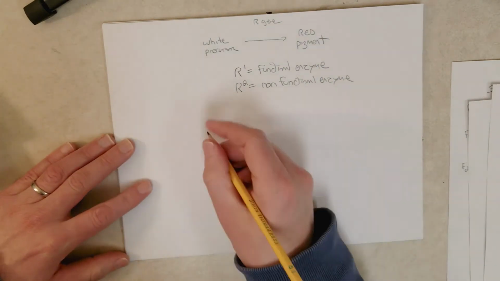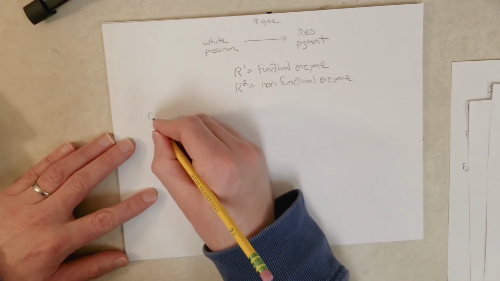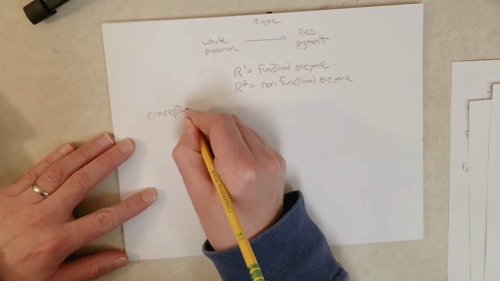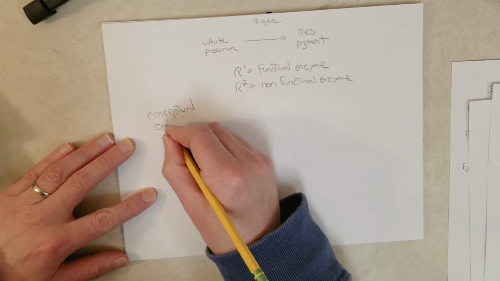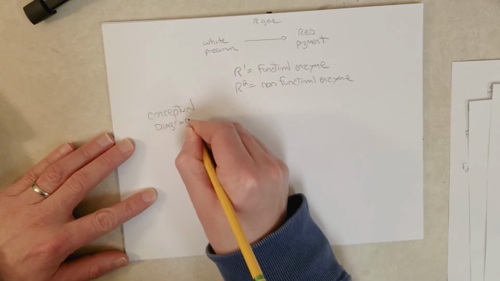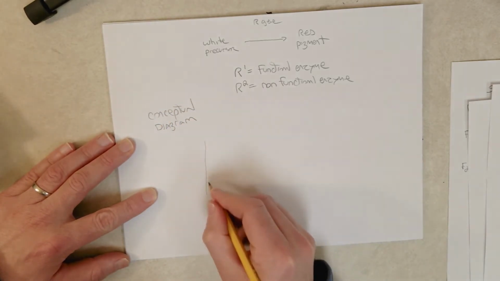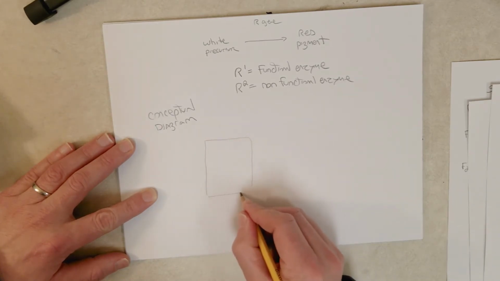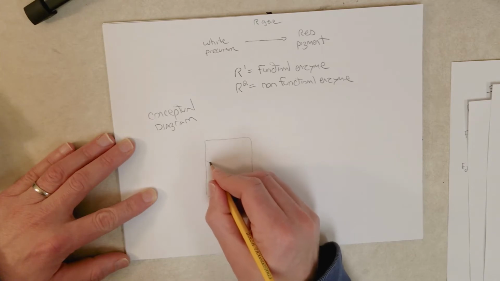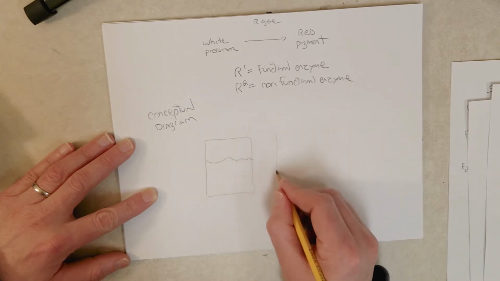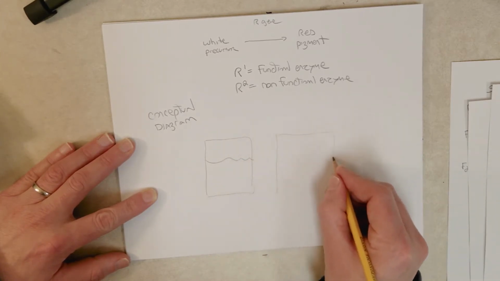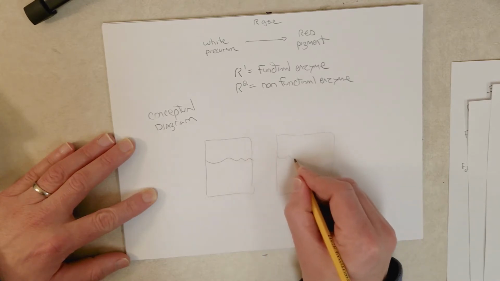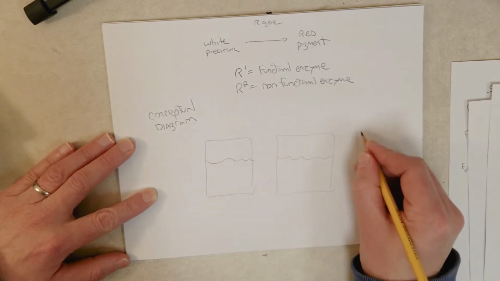Now, let's use this sort of conceptual diagram of what's going on with these different plants. Let's assume that the plants are represented by these little cups of water, three cups.